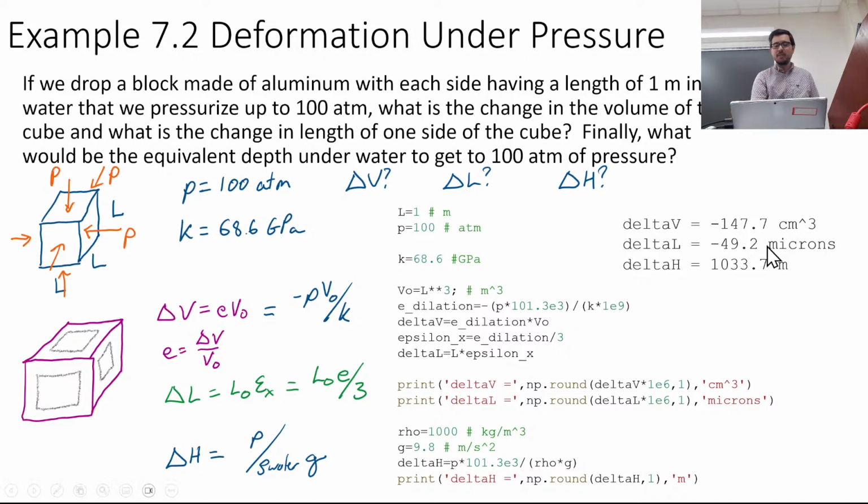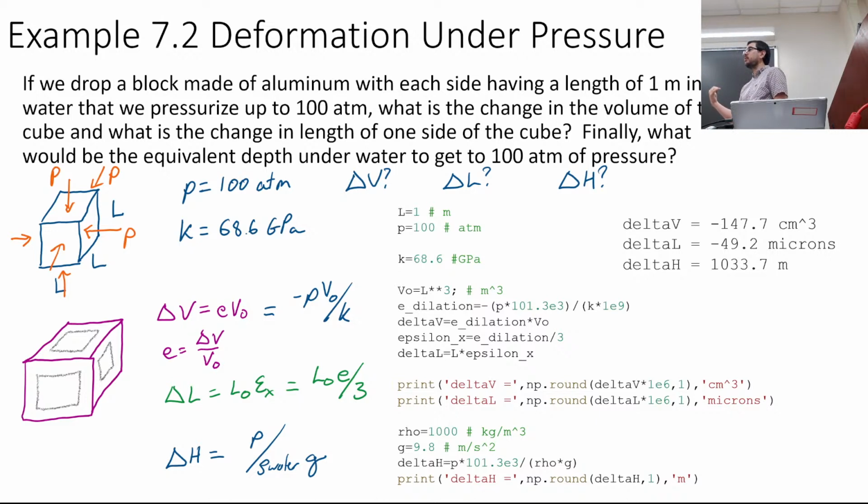We can say that there's a change in length of about 49 microns in a given direction. And we can say that this is equivalent to going down 1,000 meters. So a rough approximation, if you're interested: you go down 10 meters and you've got one more atmosphere acting on you underwater.